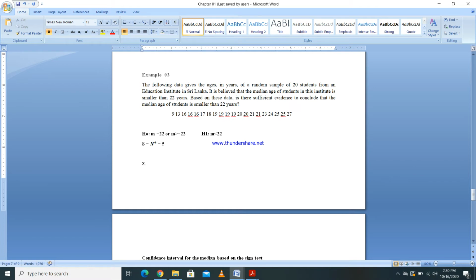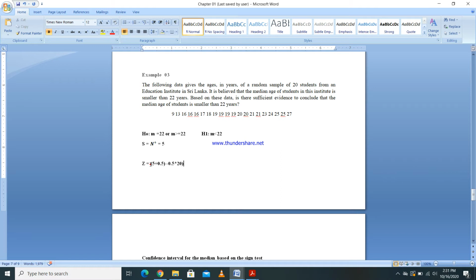Now we can apply the test statistic. We are using the large sample approximation, the Z value. First, in your numerator you have S plus 0.5. The S value is 5, so 5 plus 0.5, and then minus 0.5 into N. Here the sample size is 20, so N is equal to 20.